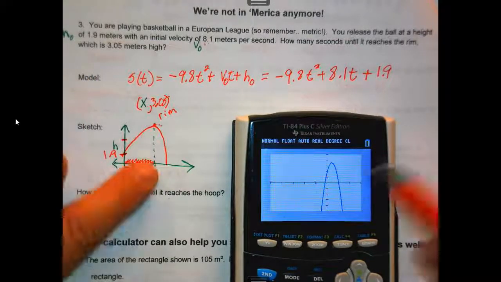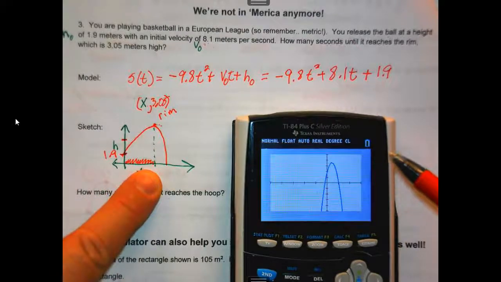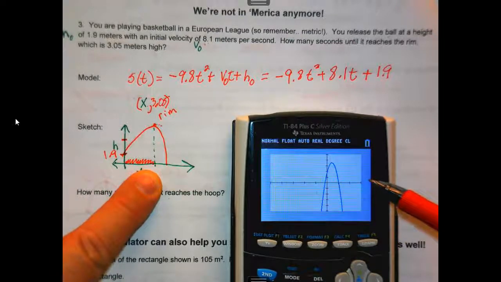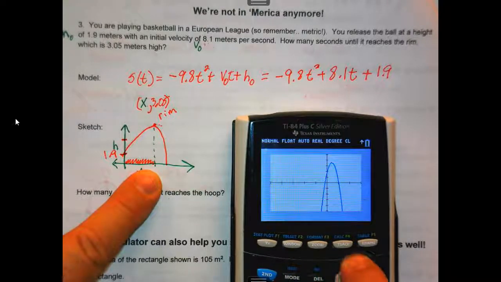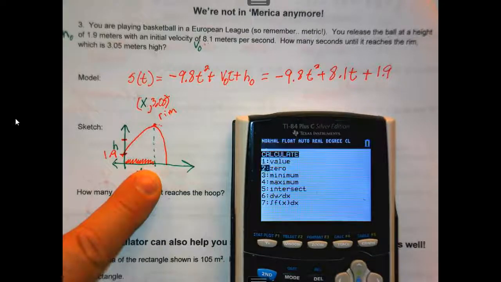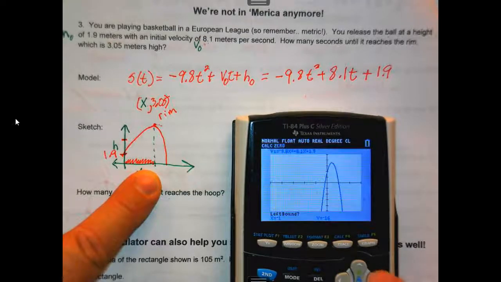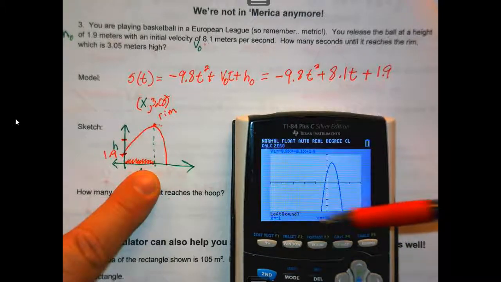And I'm looking for time, so I'm looking for that x-intercept, right? With me? Okay. So second, trace. I need that 0. My cursor is at -1, -16. See where my cursor is right now?